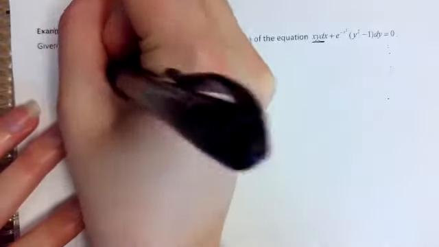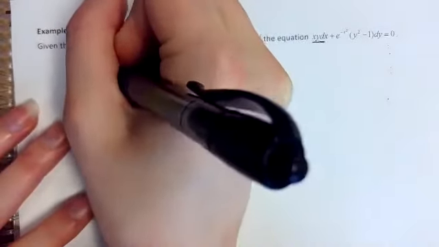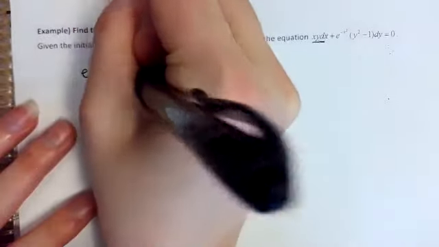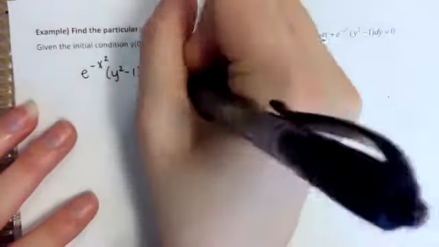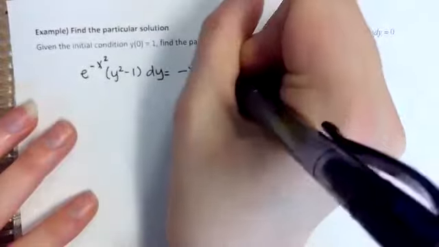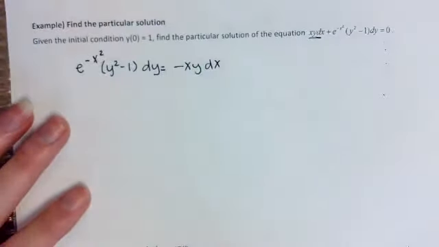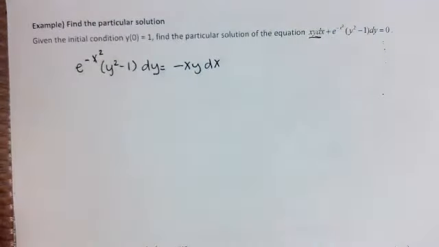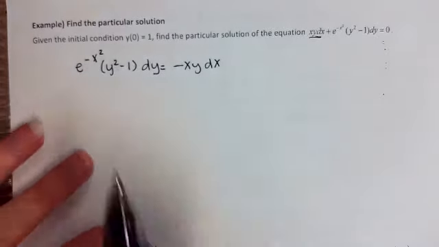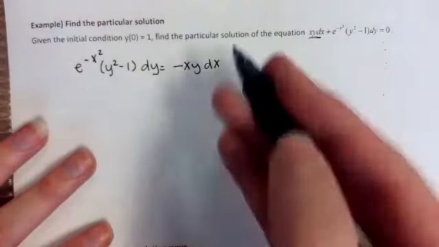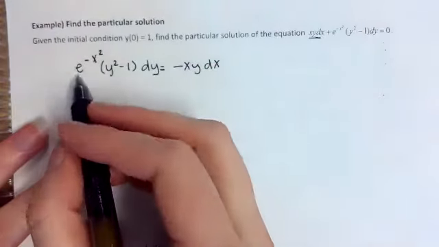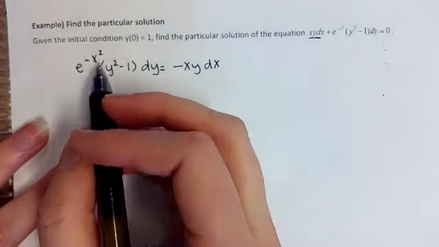So I'll have e to the negative x squared times y squared minus 1 dy equals negative xy dx. I want x's on one side, y's on the other. So I'm going to divide this y over and divide this e to the negative x squared over.